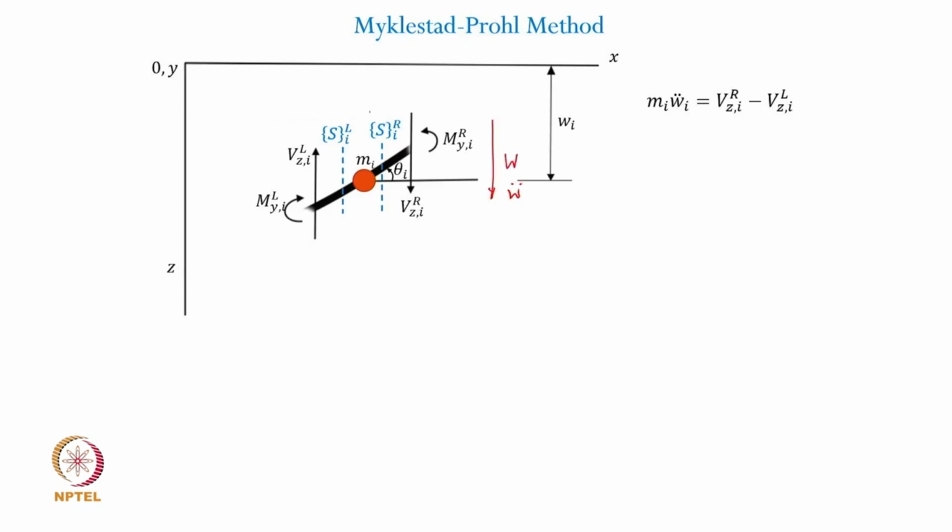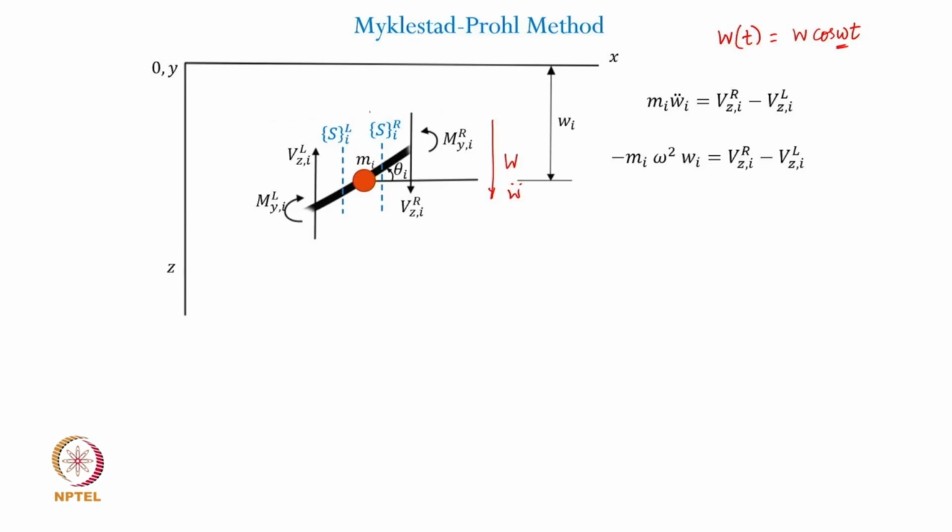And then we are trying to do this for evaluating the eigenvalues. So when we are evaluating eigenvalues, our assumed response will be a harmonic solution, which means that it is going to be minus mi omega square Wi equal to the same force difference.